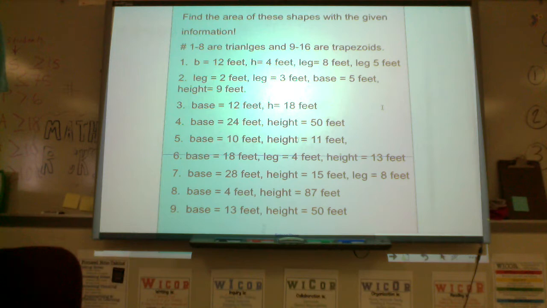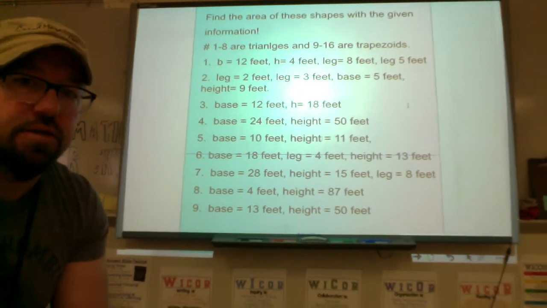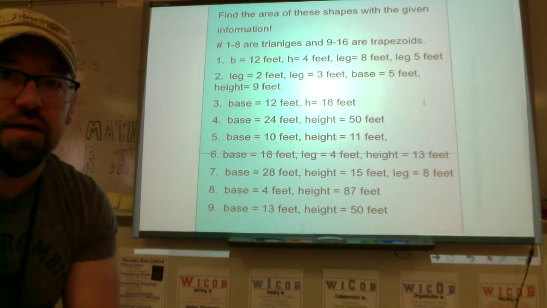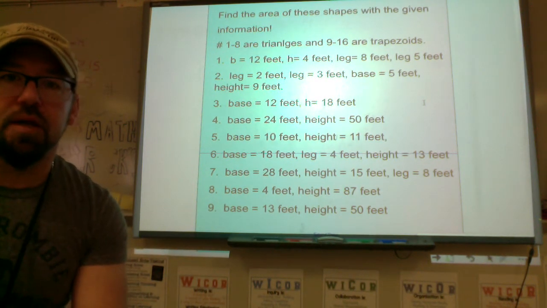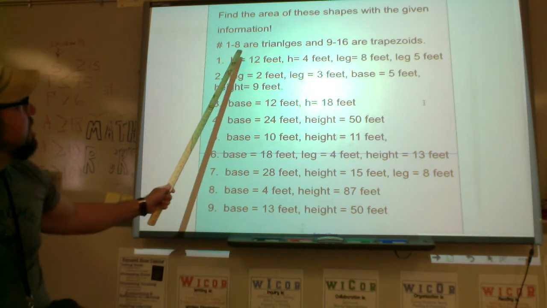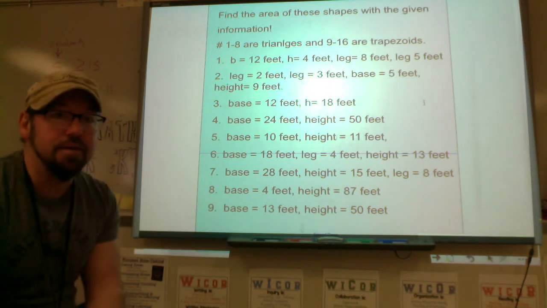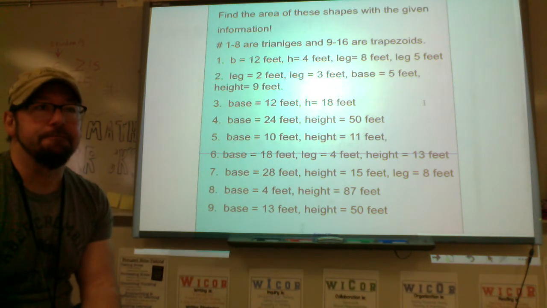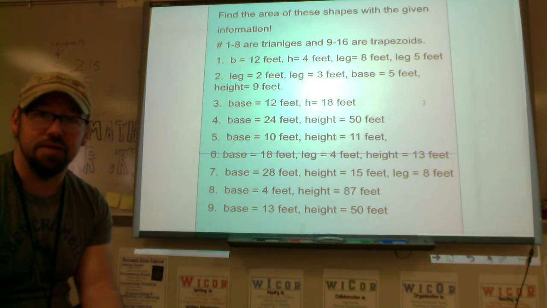You can pause. I have some practice problems for you here. Okay, so you might want to pause the video and get these written down. B stands for base, H stands for height, and some of them have legs. And again, that information doesn't necessarily matter, obviously, but it's there.